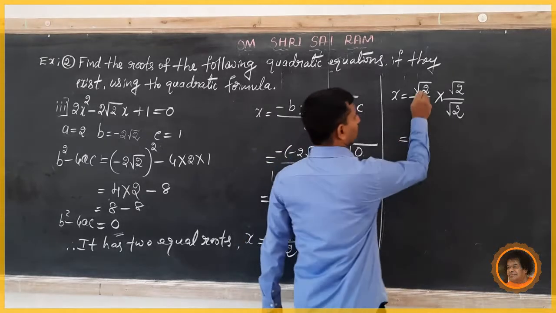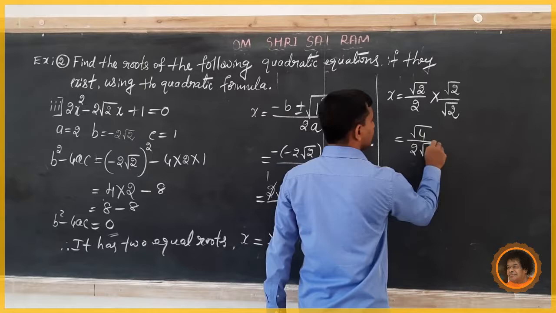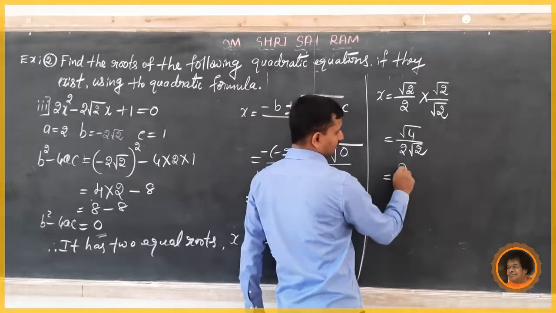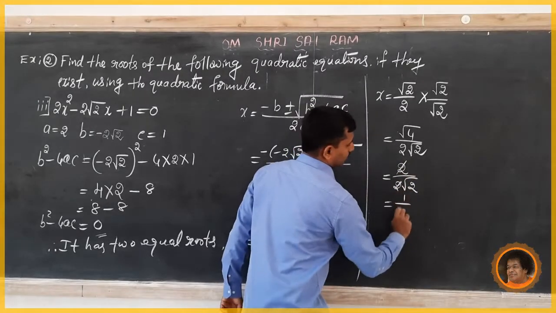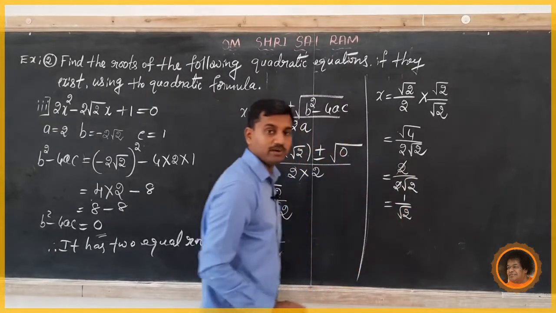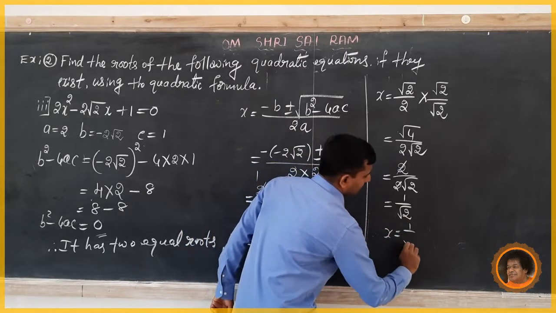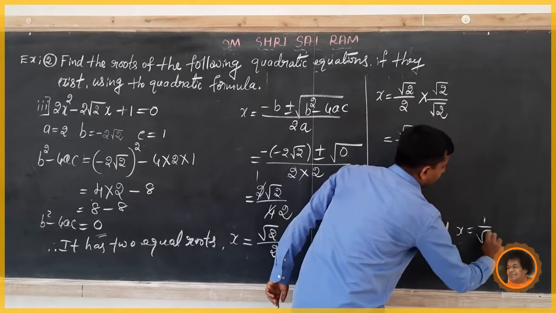So equal to root 2 into root 2, that is root 4, divided by 2 into root 2, or square root of 4, that is 2, divided by 2 root 2, 2 cancels, equal to 1 by root 2. So therefore the roots are x equal to 1 by root 2 and x equal to 1 by root 2.